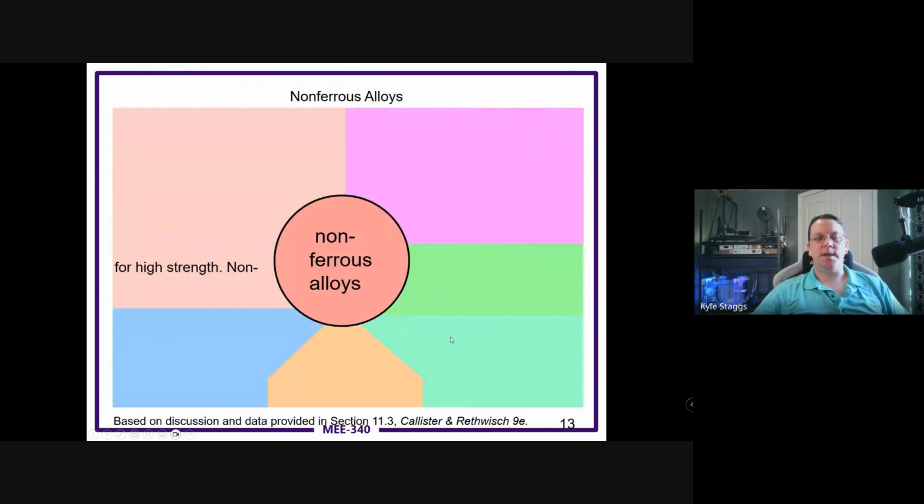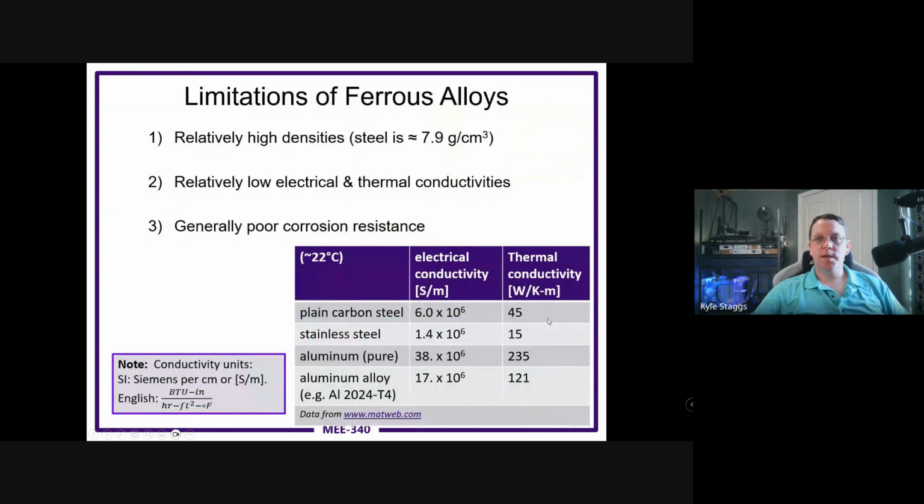So stainless being the one that we use often for high temp applications because of that difference of being able to cut down on thermal conductivity. So very, very low.